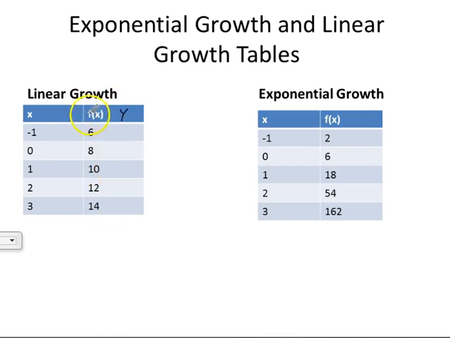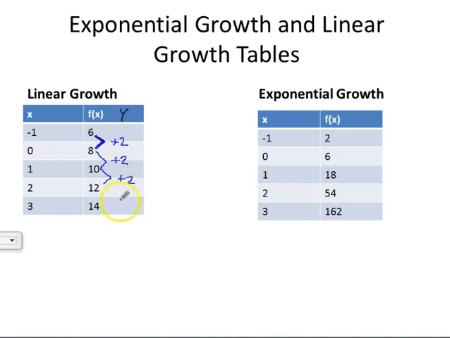What we want to do is look at the change that occurs between our f of x values. From 6 to 8, we're increasing by 2. From 8 to 10, increasing by 2. From 10 to 12, increasing by 2.